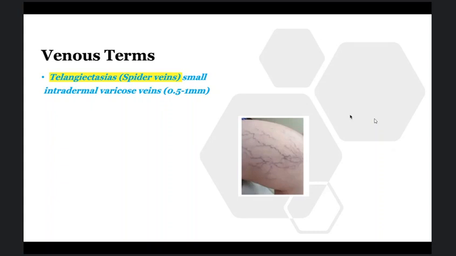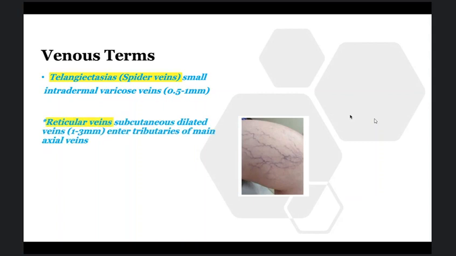By definition, spider veins or telangiectasias are small intradermal varicose veins. Intradermal, within the skin, not under the skin. Small intradermal veins, within the skin, about 0.5 to 1 millimeter in diameter.